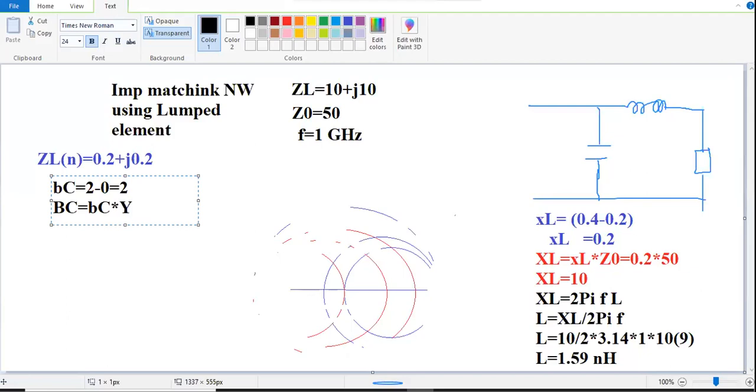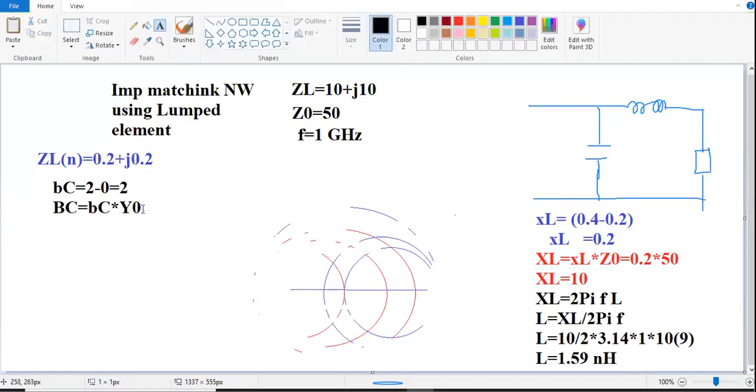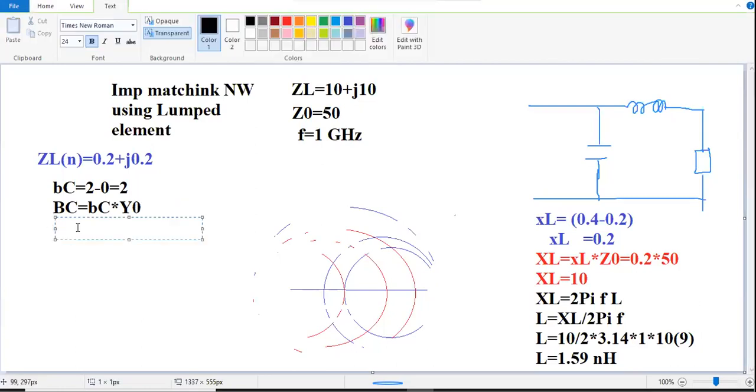So this point you have to remember. So I'll write it as the Y0. For the XL we multiply by the Z0. So similarly here for this we have to multiply it by the what? Y0. So here what you can say, capital BC equals to small bc, that is 2, multiplied by Y0. So what I can do, divide by Z0. Can I do this?